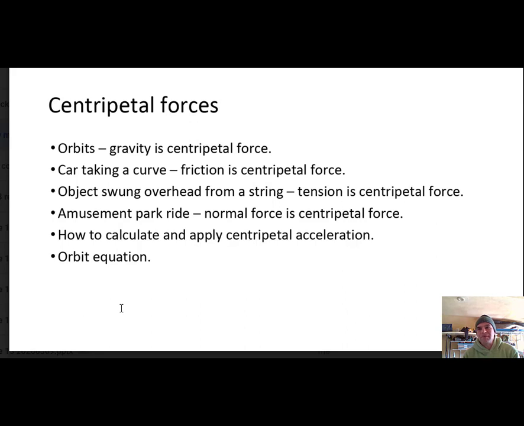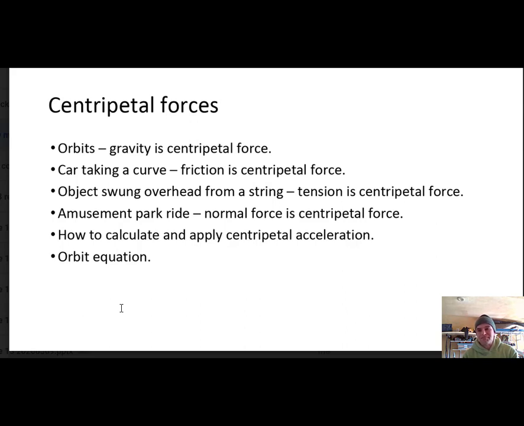And the equation for centripetal acceleration, that's the acceleration that an object moving with constant speed is experiencing as it moves in a circle. That acceleration is the speed of that object squared divided by the radius of that circle. a is equal to v squared over r. And the centripetal force is equal to m times v squared over r.